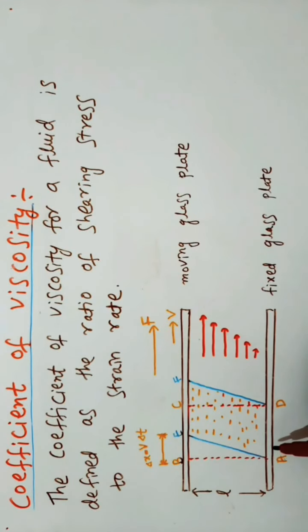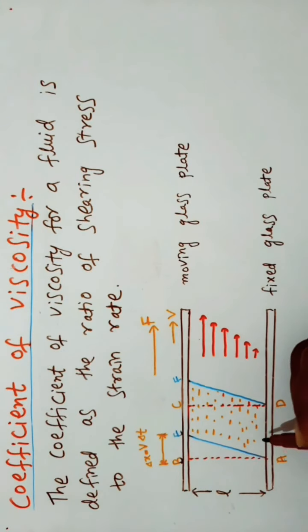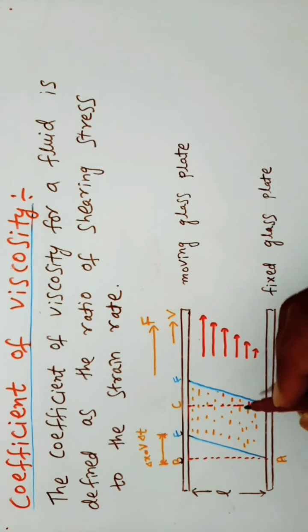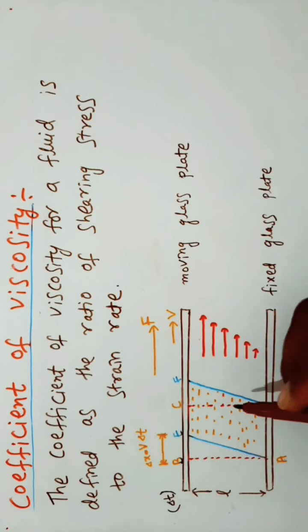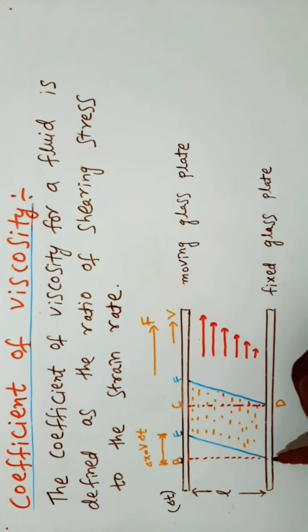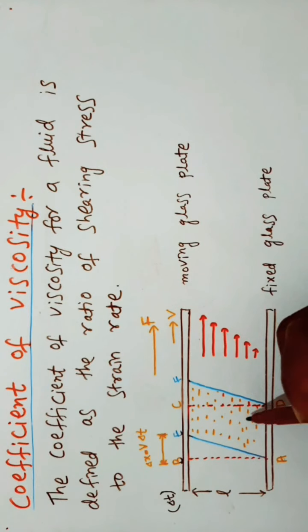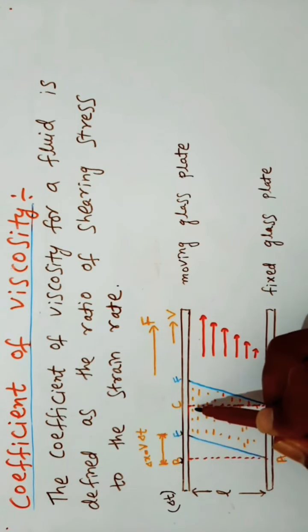Here I am taking a portion of liquid at an instant. The shape is A, B, C, D. After a short interval of time, in del T time, the shape of the liquid is A, E, F, D. During this time interval, the liquid has undergone a shearing strain.